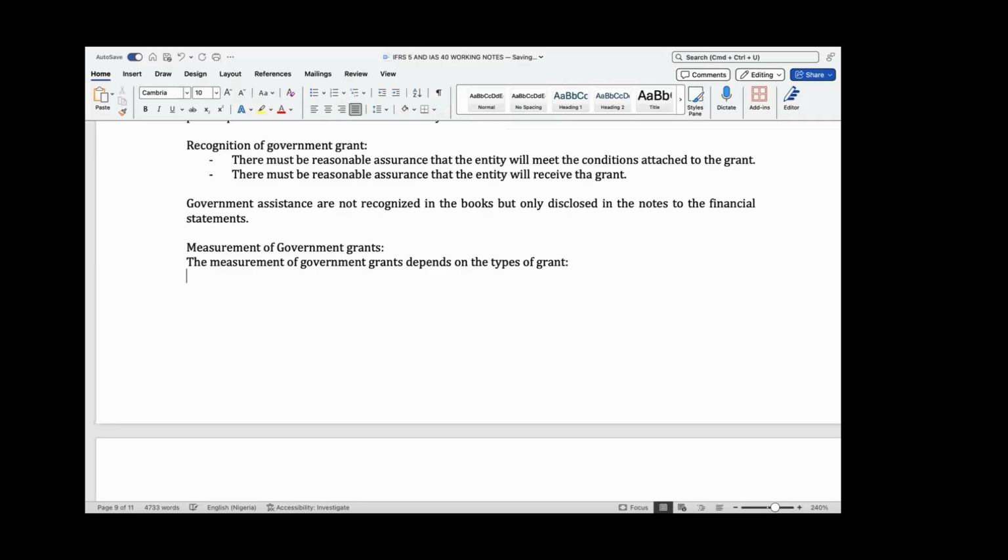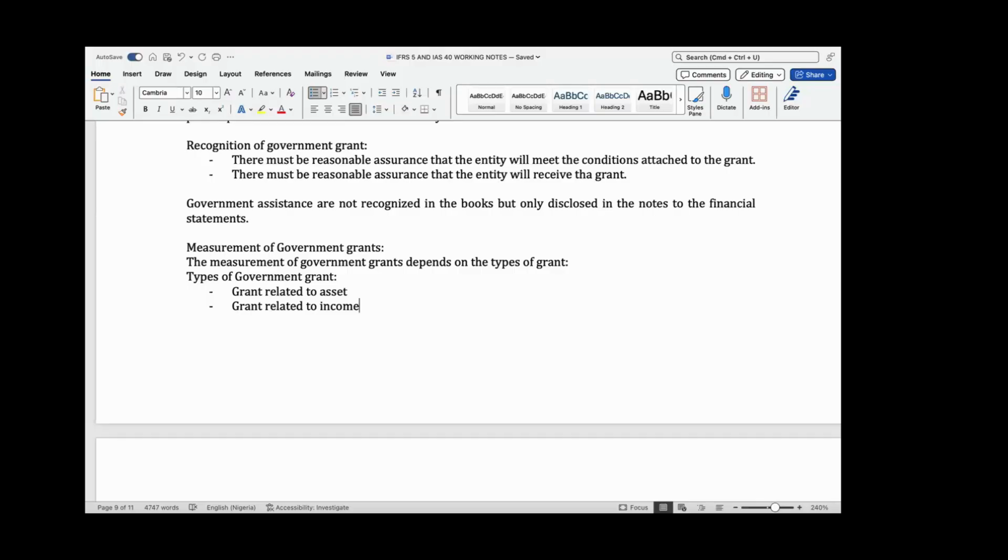So what are then the types of grants? Types of government grants. Number one is grants related to assets. Number two is grants related to income. We have grants related to assets and grants related to income.